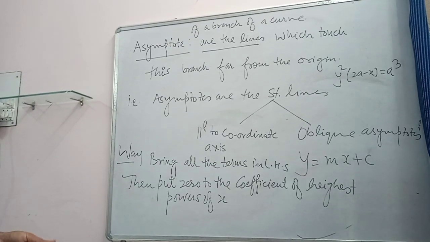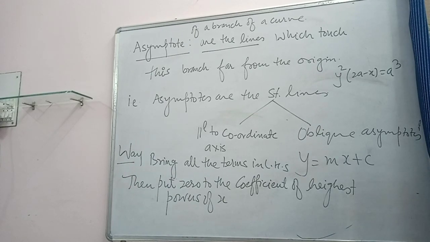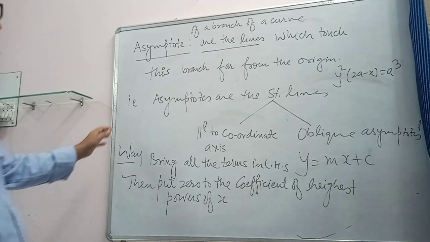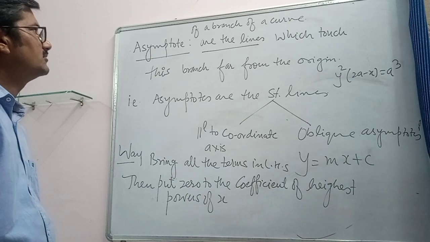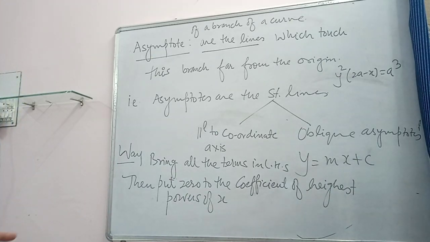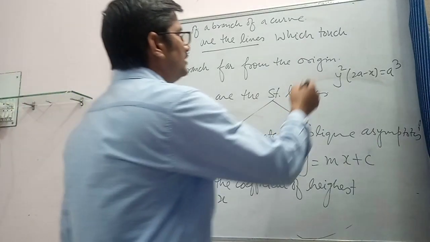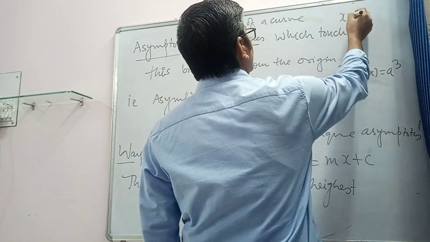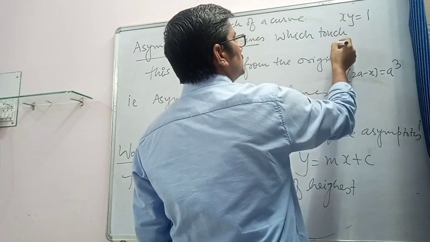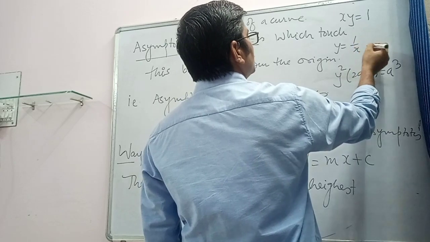So the next point to check is the asymptotes. So what are the asymptotes? Asymptotes of a branch of a curve are the lines which touch this branch far from the origin. For example, we take this curve x into y is equal to 1. So y is equal to 1 upon x.